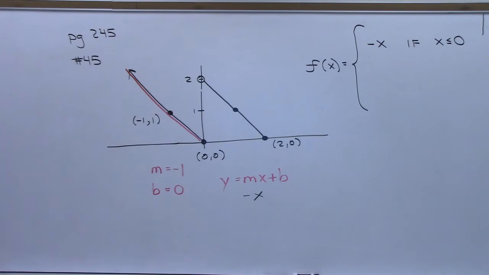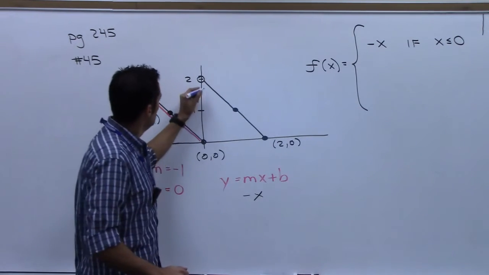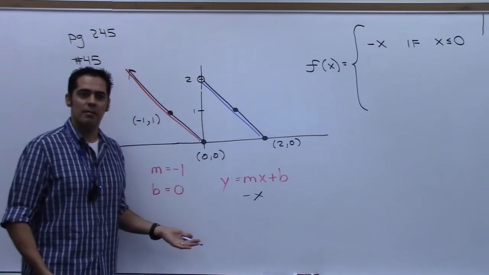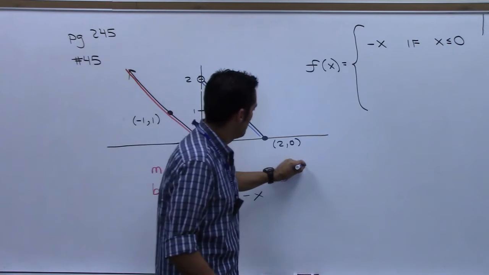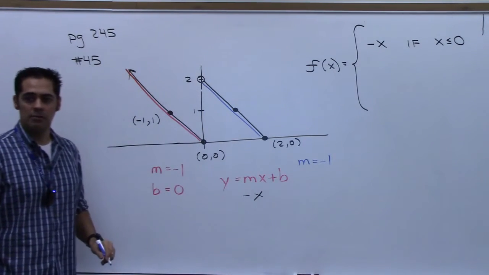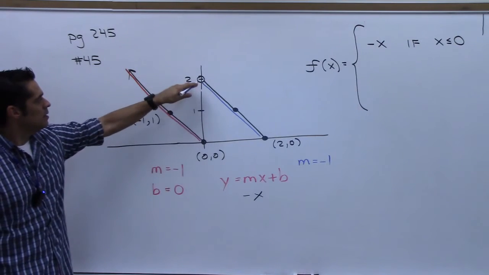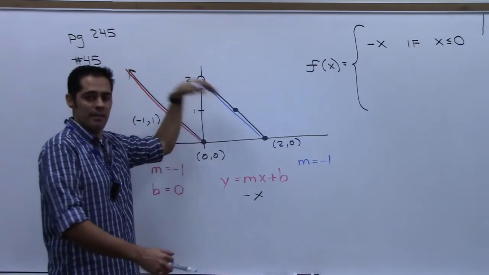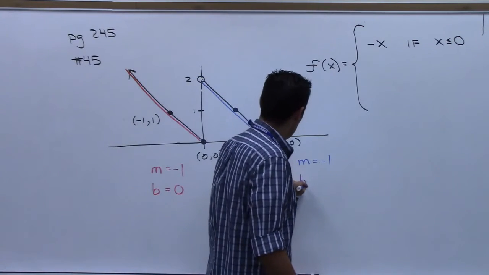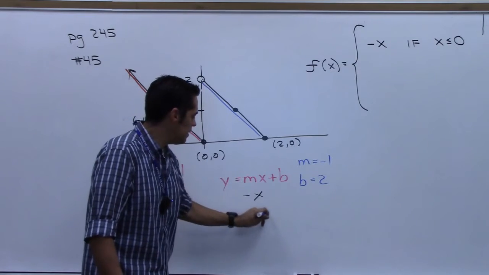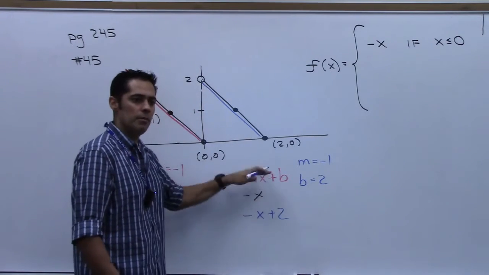Then we switch. Now we switch to a different piece, which is this one. What's the slope of this line? Same thing again, right? -1. But our y-intercept is different. Where does it hit the y-axis? 2. Now it actually doesn't hit because there's an open hole here, but that's where it would hit if it continued. So b would be 2. So the equation would be -x plus 2, wouldn't it, if I were to put it in this form.